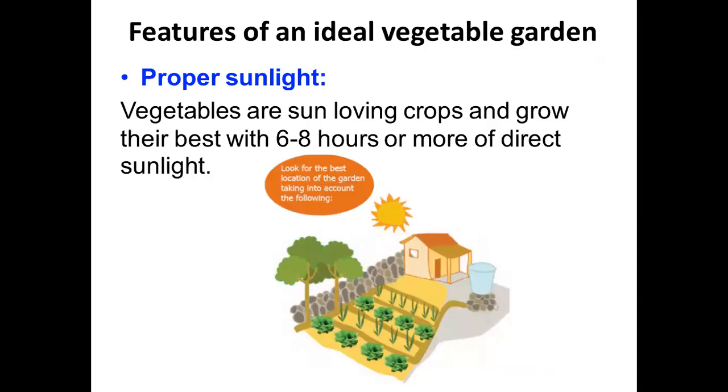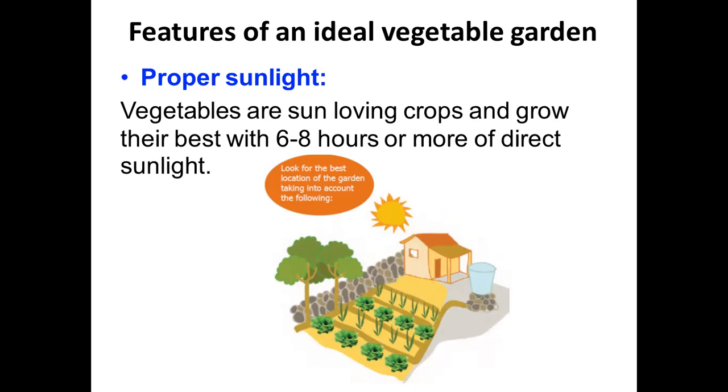Now, today, I want us to look at, I think we even looked at this partly, features of an ideal vegetable garden, where we talked about proper sunlight. We know that vegetables are sun-loving, and therefore, they will grow their best if the sunlight hours are 6 to 8 in a day.